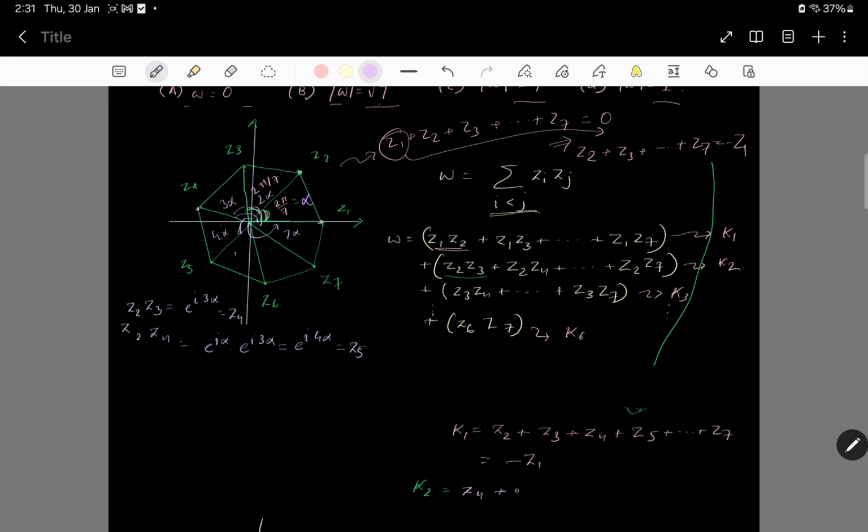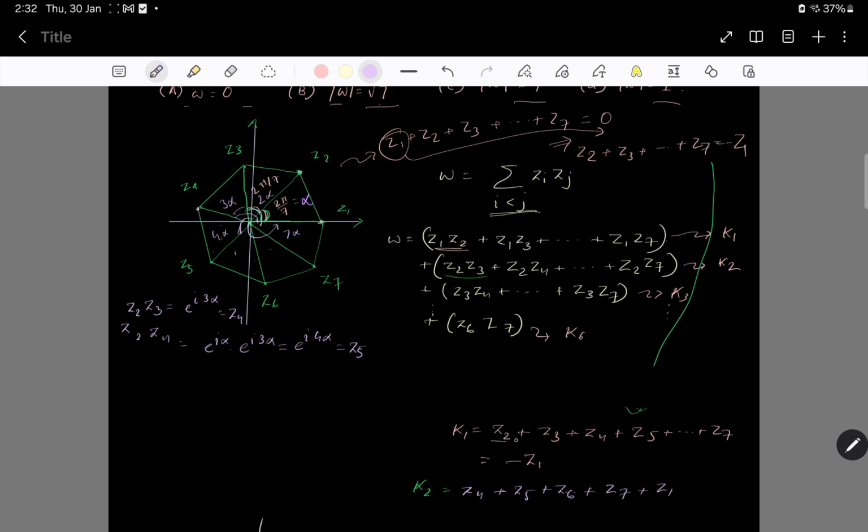So z4 plus z5 plus, similarly, z5, z6, z7 and z1.